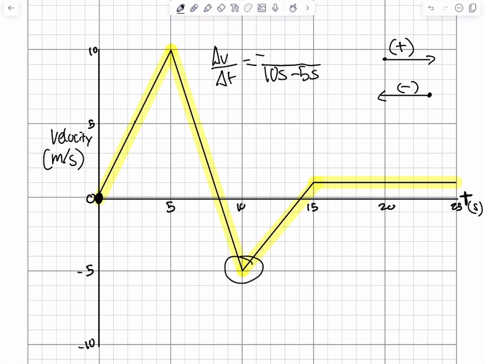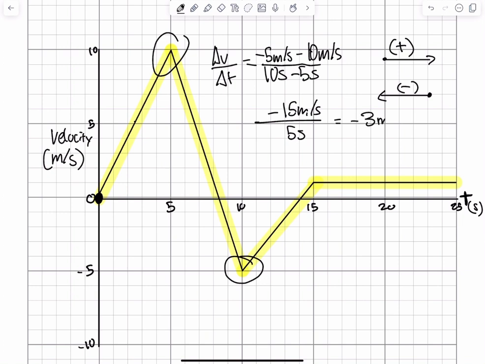It's actually negative 5 meters per second minus our initial velocity, 10 meters per second. Okay, so negative 5 minus 10, negative 15 meters per second, over 10 minus 5, 5 seconds. That gives us negative 3 meters per second squared. That's our average acceleration from 5 seconds to 10 seconds.